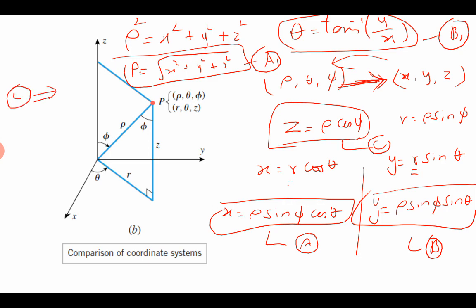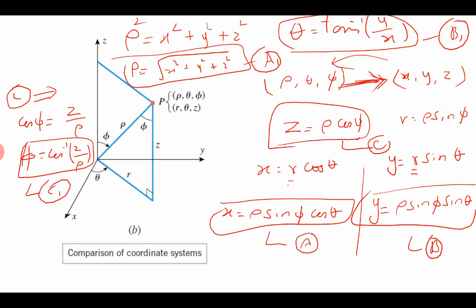C gives cosine phi is equal to z over rho. So obviously phi is cosine inverse z over rho. Call it c1. So a1, b1, c1 will give you three formulas for conversion of x, y, z into rho, theta, phi.